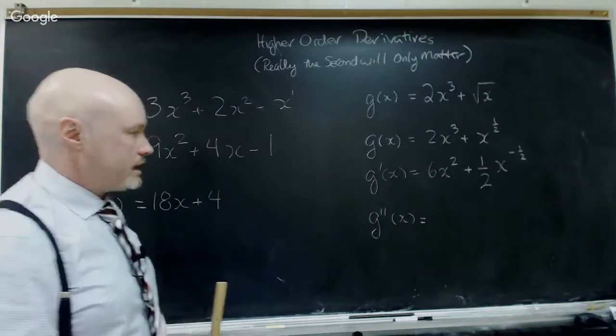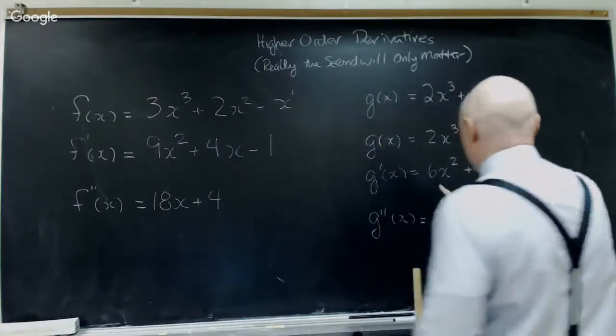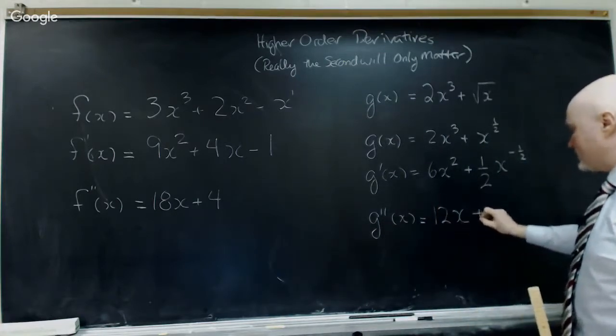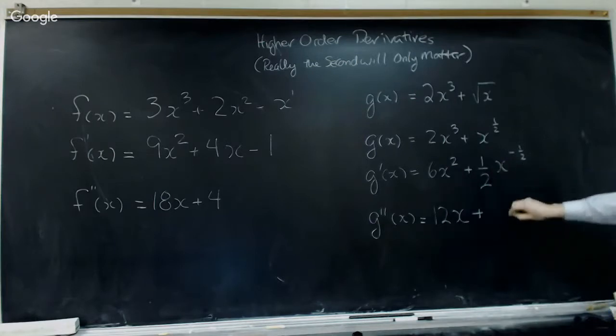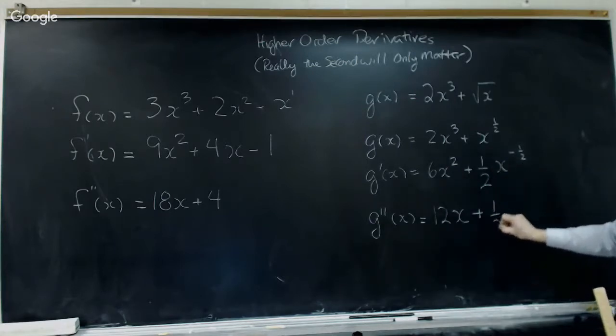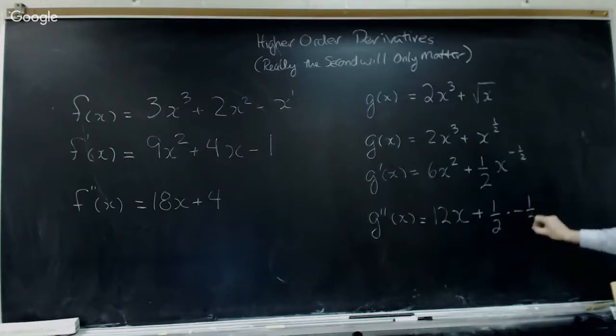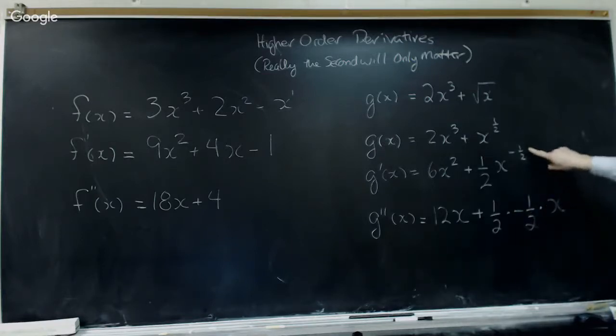All right, next one. 6x squared, I use my power rule, it becomes 12x plus, this one's starting to cause problems, 1/2 times the negative 1/2 comes down in front, and we have to subtract 1 from that. So that becomes negative 3/2.